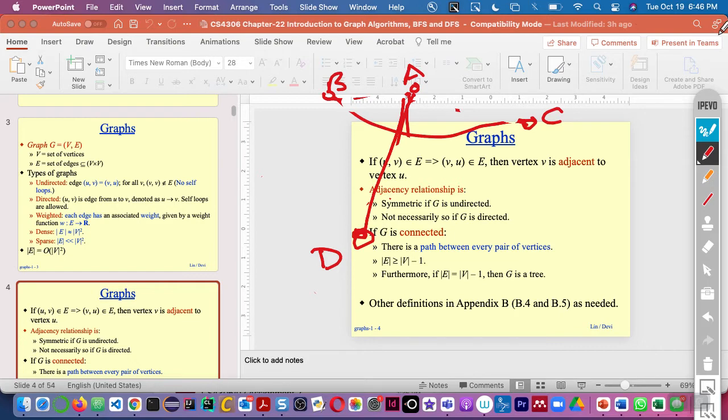A graph is said to be a connected graph if there exists a path between all pairs of vertices. For instance, this is not a connected graph because there is no path between B and D. If we add a path between A and B, and also A and C, and also D and C, then it will be a fully connected graph.